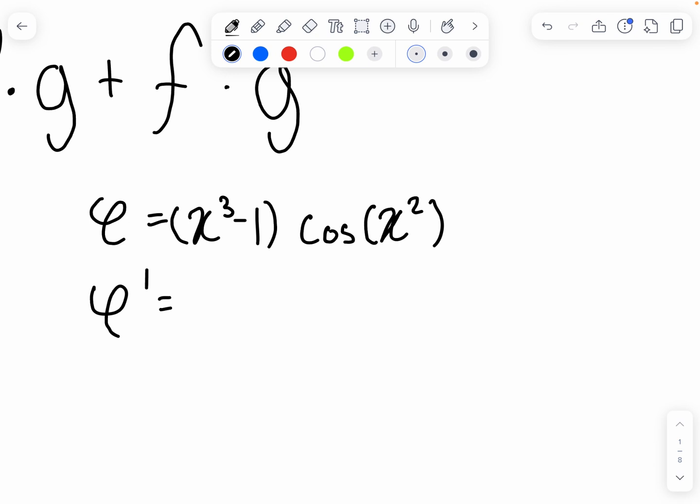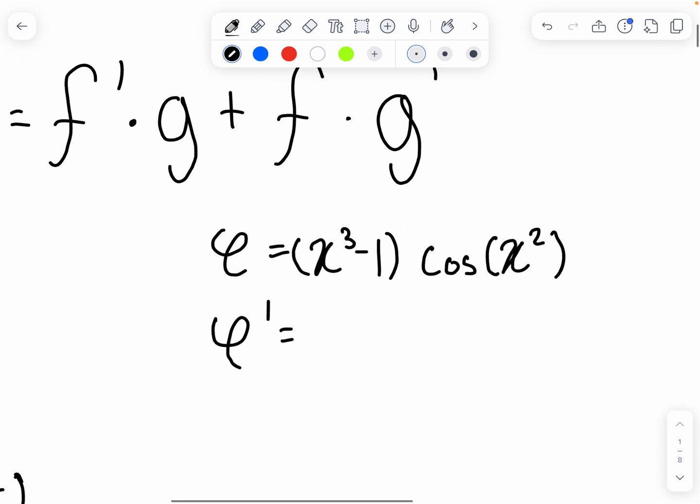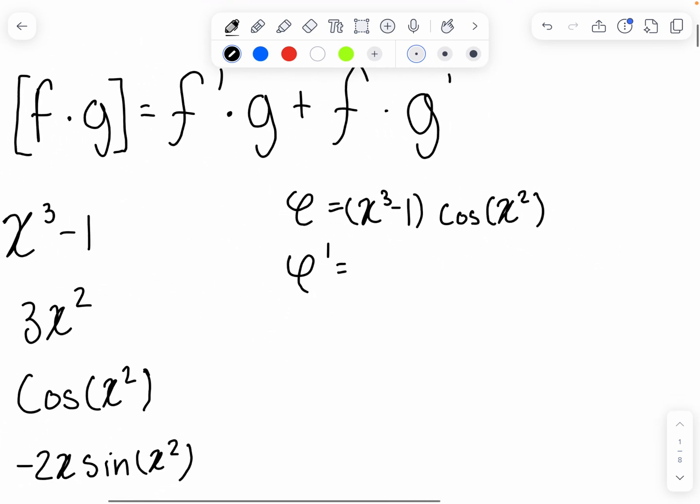Okay, so that is that value. Now we have to find that derivative by using the product rule.